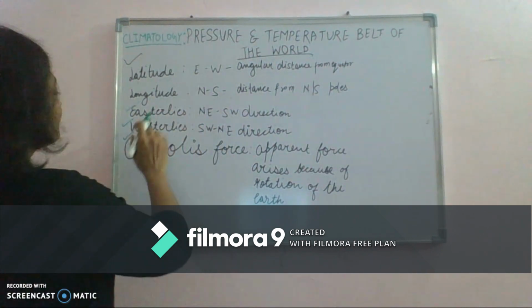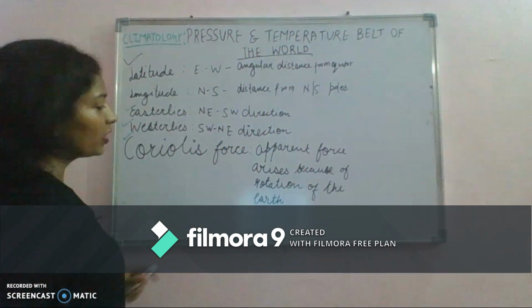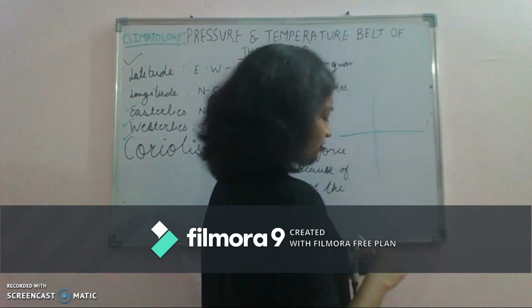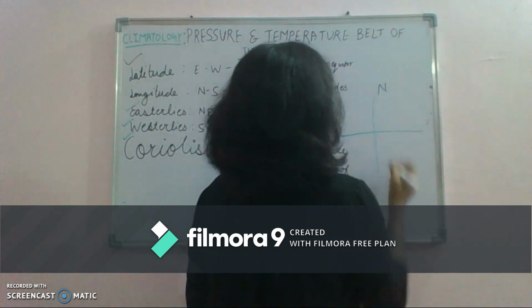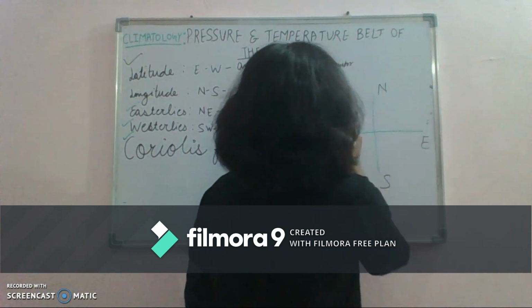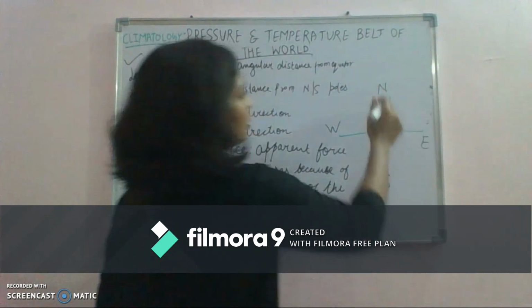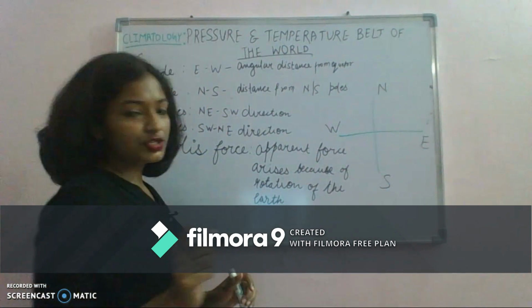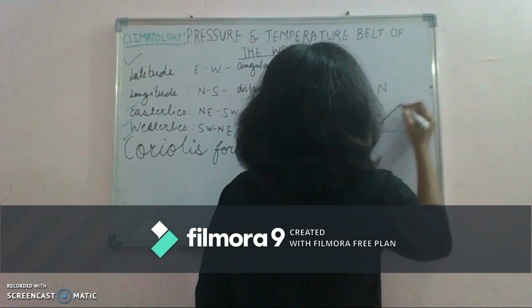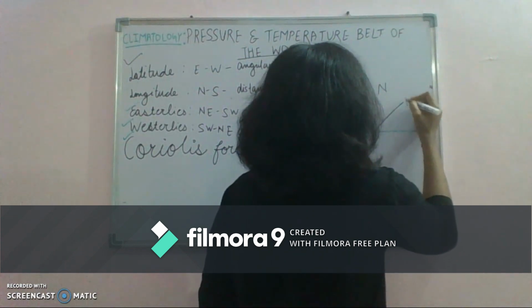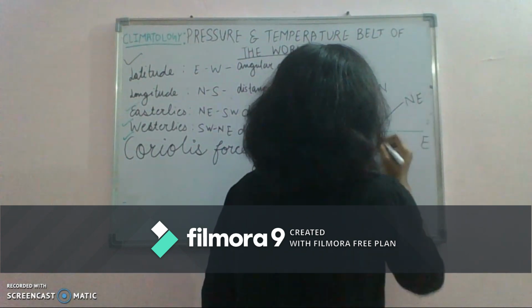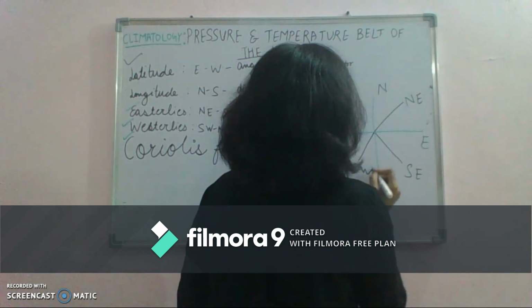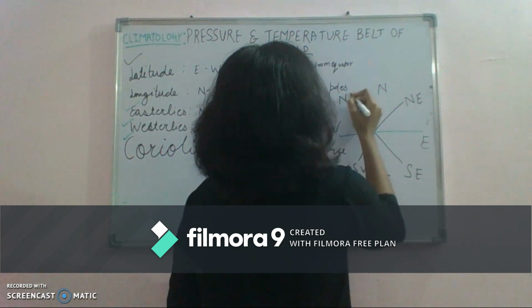Next we understand what easterlies and westerlies are. As we know, there are four directions: north, south, east and west. From these main directions we derive four more directions: northeast, southeast, southwest and northwest.